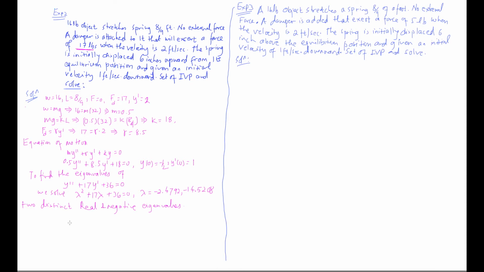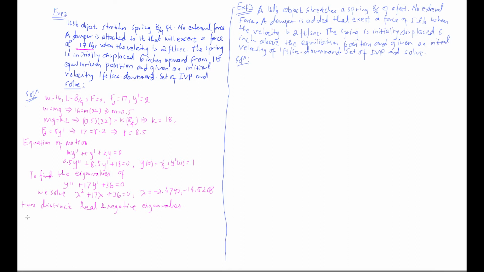It will be stable. So the zero will be stable basically. The oscillation will end. Oscillation will stop. So distinct and real eigenvalues.